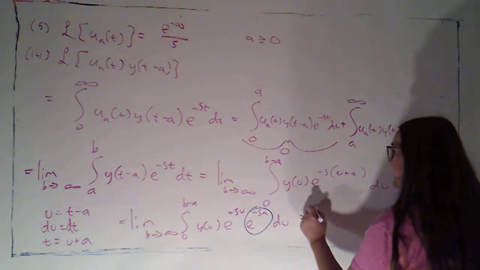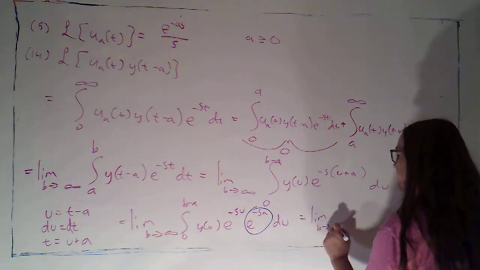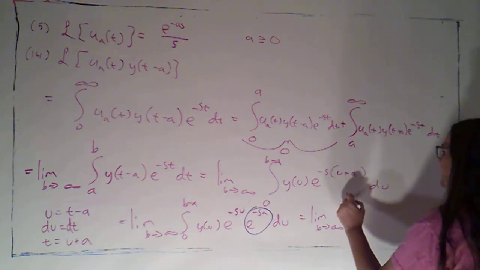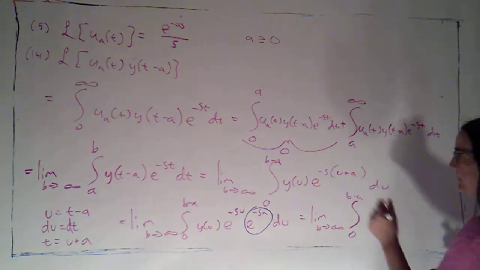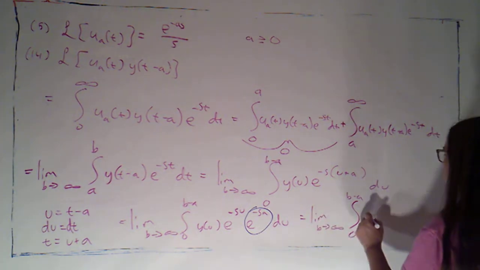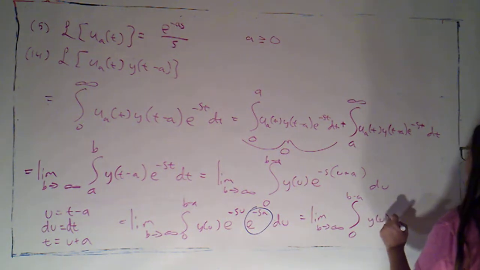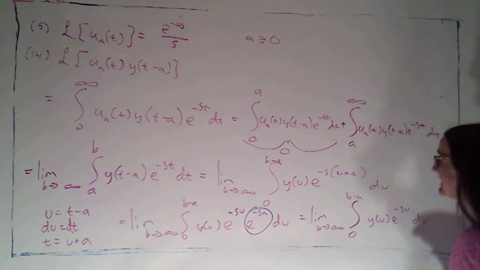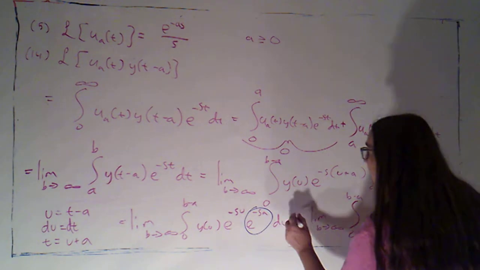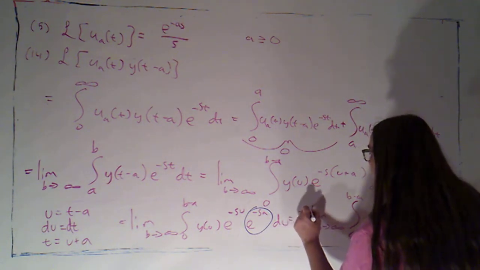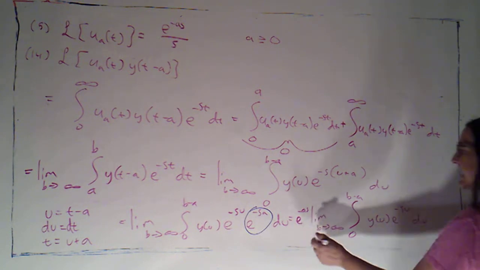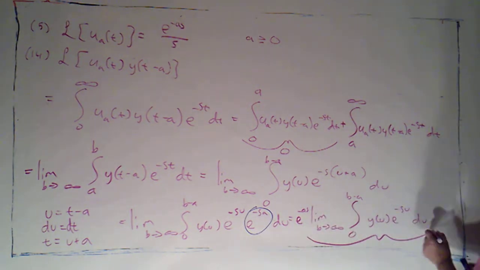So this is going to be the limit as b goes to infinity of the integral from 0 to b minus a of y of u times e to the negative su du, but with that e to the negative as factored all the way out. I can actually factor it outside of the limit because there weren't any b's in it either. Okay, so I'm getting e to the negative as times this limit.